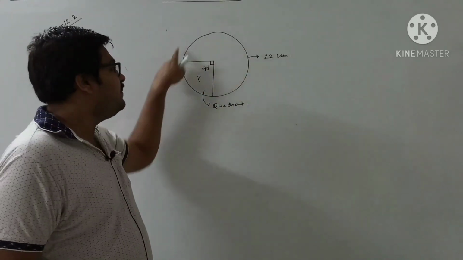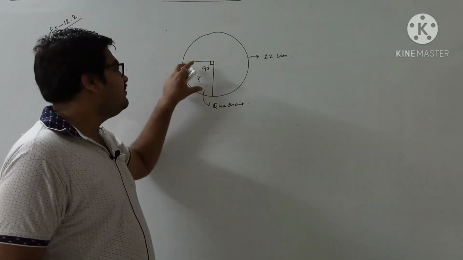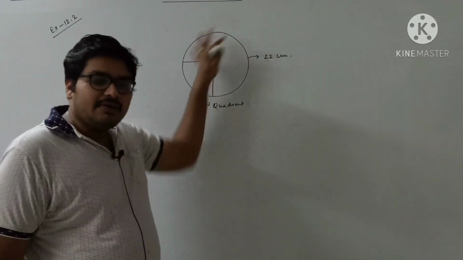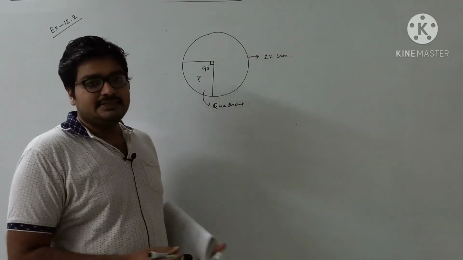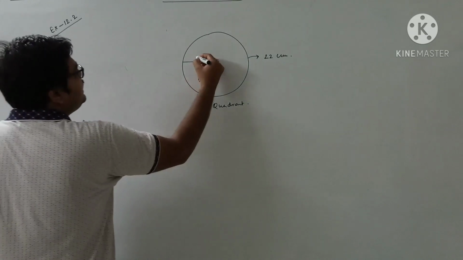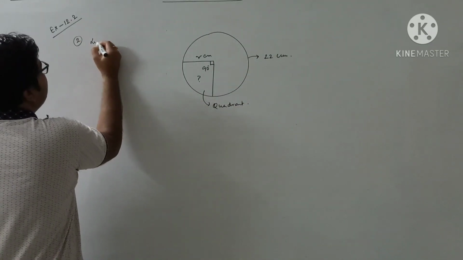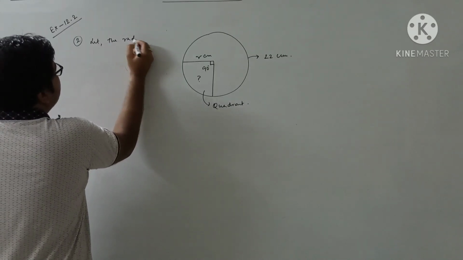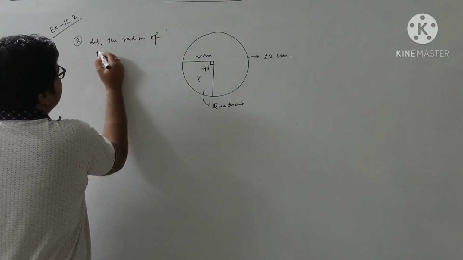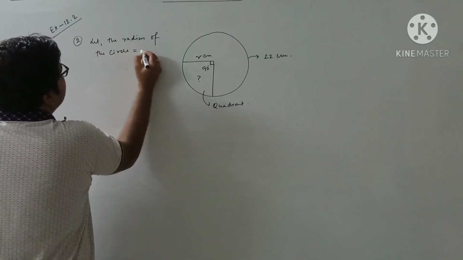So from the circumference, I have to find out the radius. Let the radius of the circle be r centimeter.